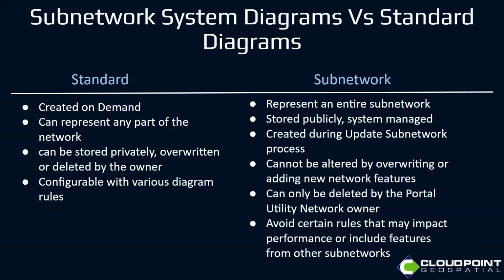After you set the subnetwork definition and run the Update Subnetwork tool, you'll be able to see them when you use the Find tool under the diagram section of the utility network ribbon. They're differentiated from stored standard diagrams by the presence of a green exclamation point.